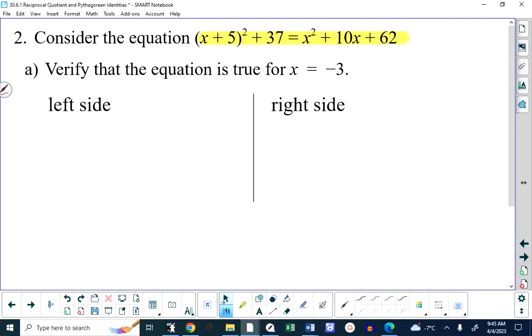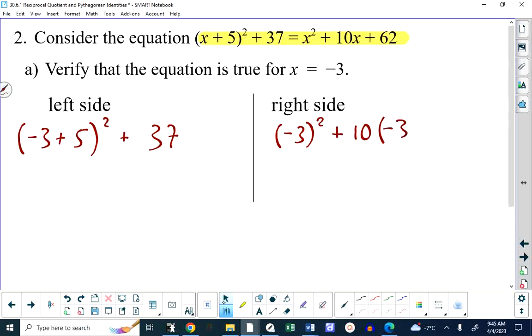Well, again, we're going left side, right side. I'm going to put negative 3 in for x. I'm not going to bother rewriting the statement. It's right there on the left side. And when I put negative 3 in for x on the right side, I get that. So I have to crunch a little bit of numbers here. Negative 3 plus 5 is 2. 2 squared is 4. 4 plus 37 is 41 by my count.